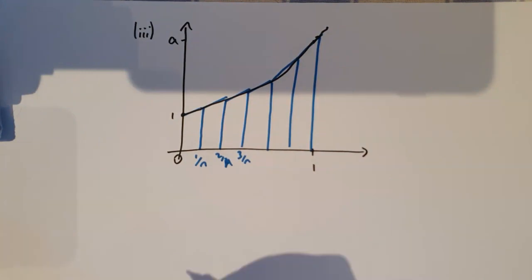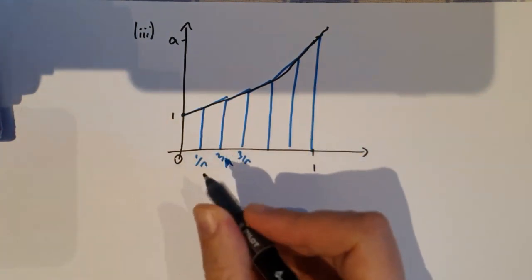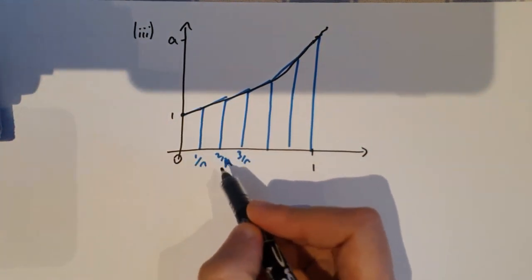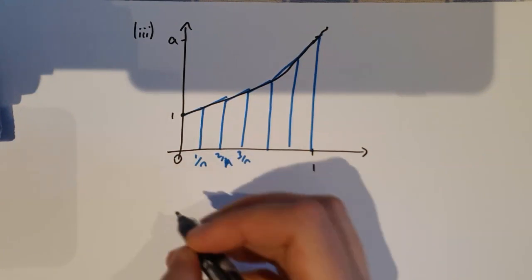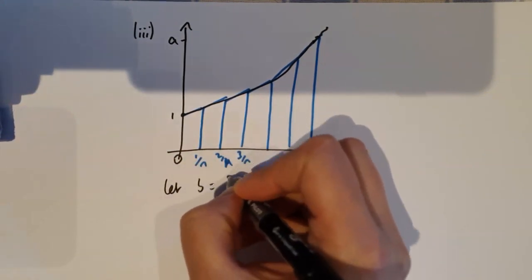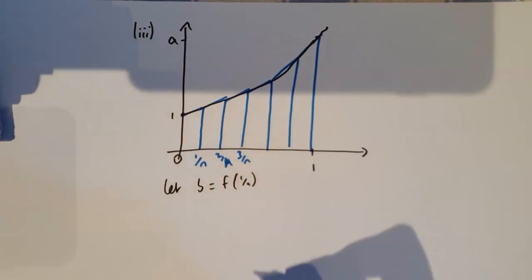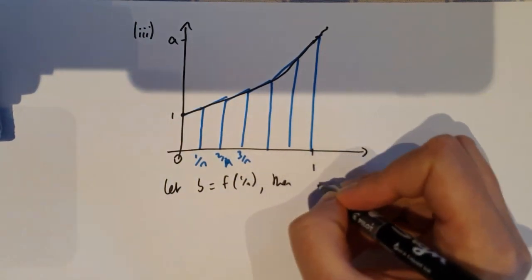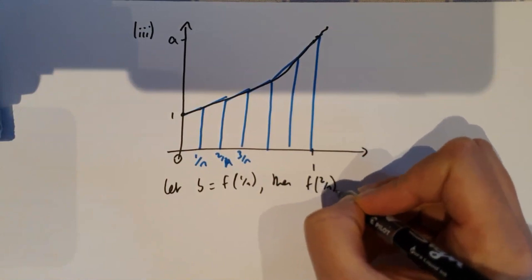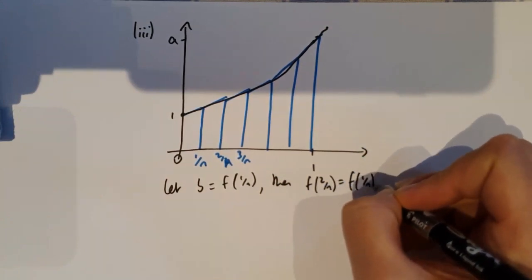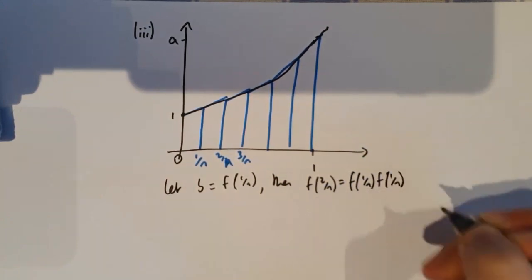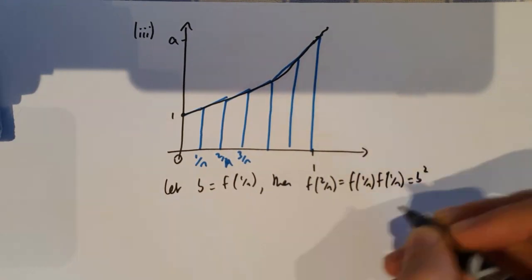So if we think about the trapezium, well, actually, I've just noticed the question says we're going to let b be f of 1 over n. And I think that's quite interesting, because then f of 2 over n is f of 1 over n times f of 1 over n, using the first property, so that's b squared.